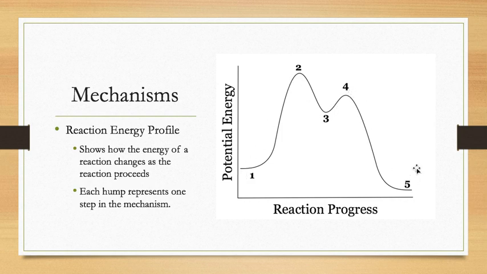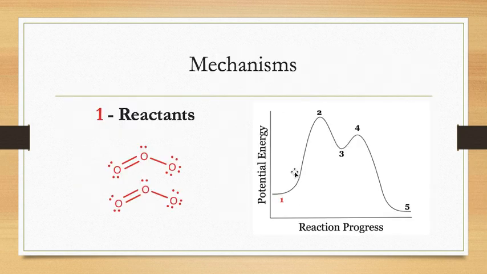This is the reaction energy profile for ozone decomposing and forming oxygen. And we can look at what is represented by each of these points. At point 1 here, we have the reactants. So we just start off with 2 of these ozone molecules. Nothing's happened to them yet. But as they start to react, remember the first step was that one of these ozone molecules is going to spit out an oxygen atom.